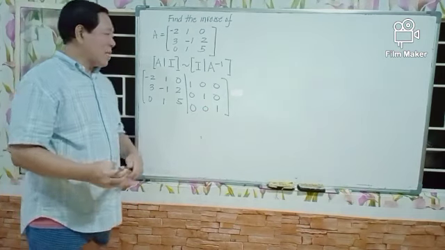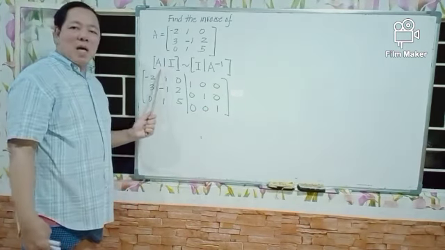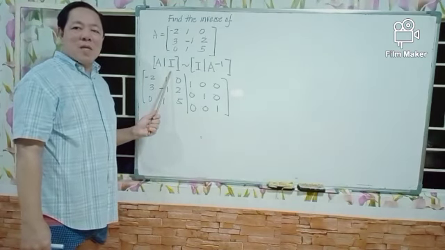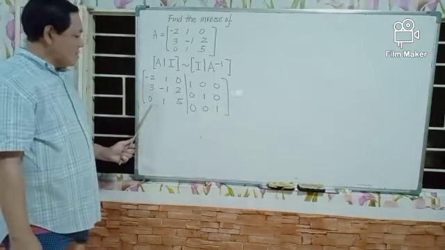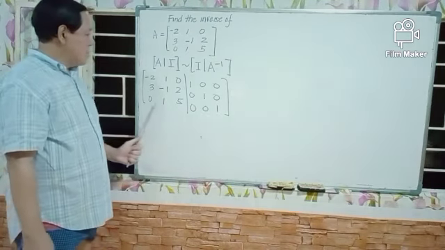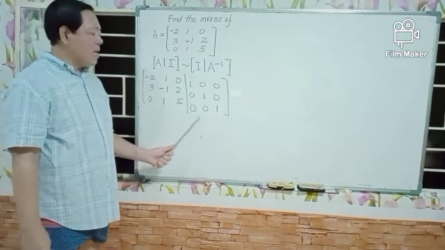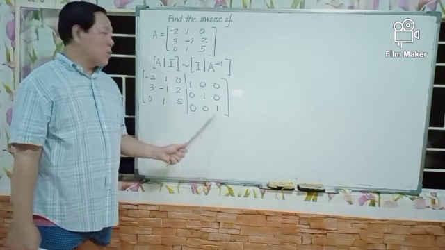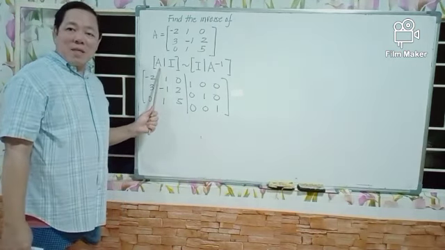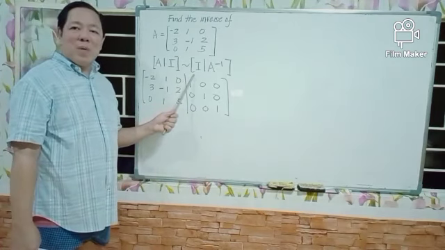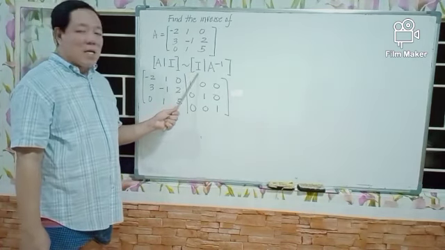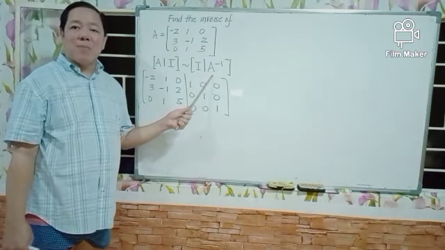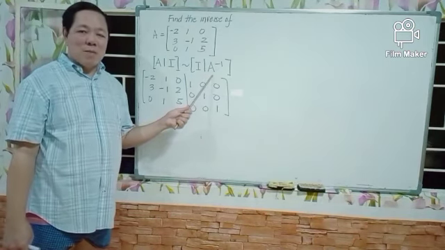Initially, we write the matrix of this form A I, where A is the given 3 by 3 matrix, and I is the identity matrix of size 3 by 3. And this is that matrix, the given matrix A and the identity matrix of size 3 by 3. And our objective is to transform this matrix A I into an equivalent matrix of this form: I, identity matrix of size 3 by 3, and a matrix denoted by A to the minus 1.